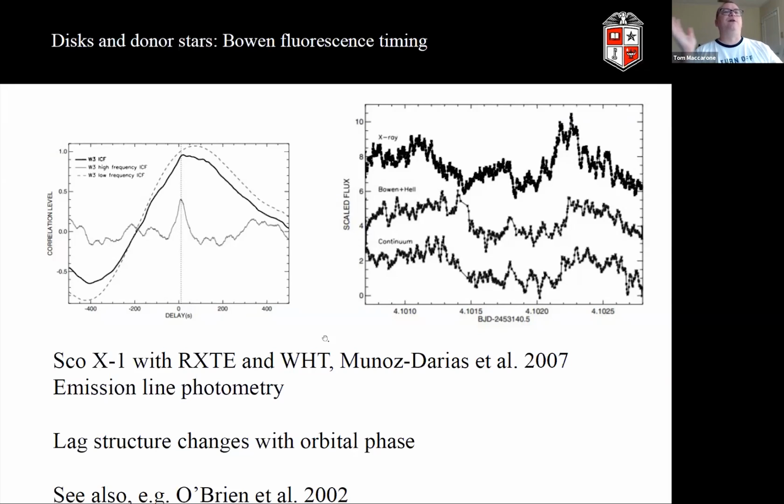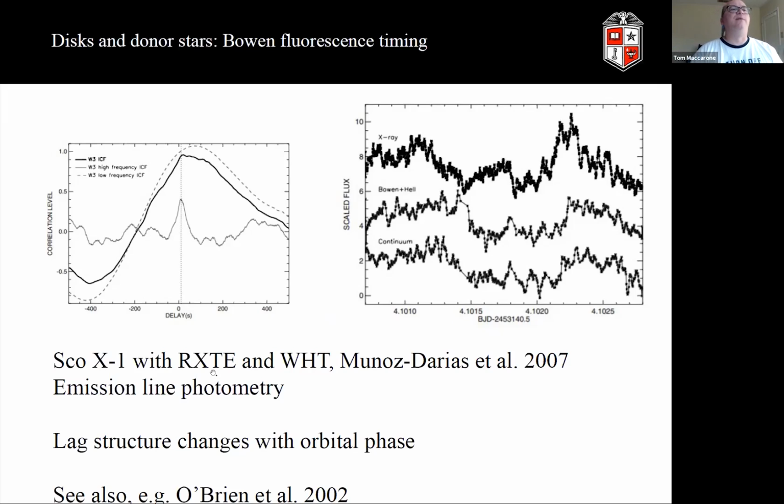And so the idea is that the Bowen blend, which is some carbon and nitrogen lines that are very close to where helium-2 is in the spectrum, and helium-2 are both probing high excitation regions that are being pumped by X-ray or ultraviolet light hitting some dense region that's at lower temperature.